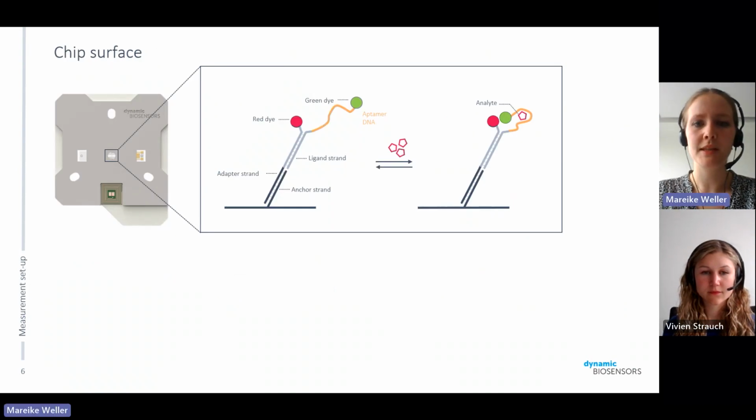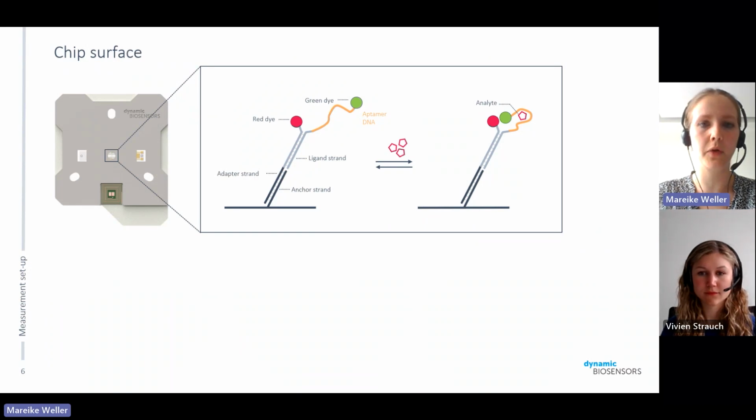For our measurement setup, since we're interested in the aptamer DNA, we just add the aptamer DNA to our ligand strand. In the setup that you see here, there are now 2 fluorescent dyes. Since we have red and green excitation, and we can also measure the emission of both, we added a red dye on the adapter strand on the left, but also a green dye at the end of the aptamer.